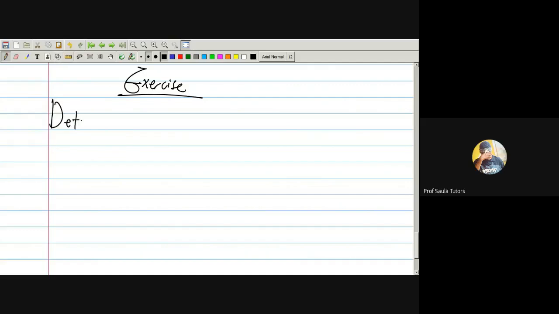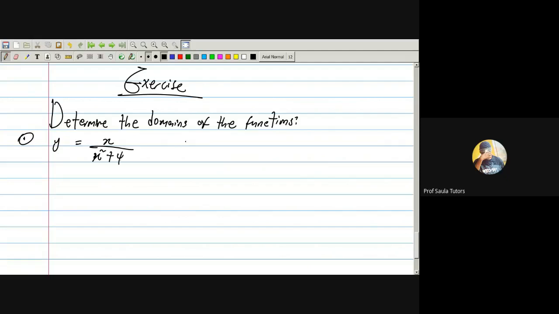You have to determine the domains of the functions. Let me just give you two. The first one is y equal to x over x squared plus 4. And the second one is y equal to 1 over x minus 2.